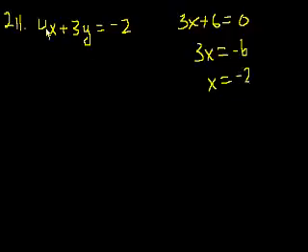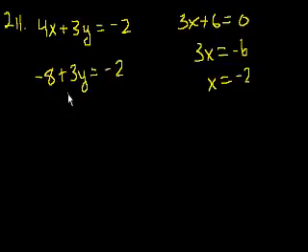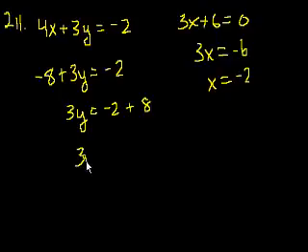Substitute back here. 4 times minus 2, minus 8, plus 3y is equal to minus 2. Add 8 to both sides. 3y is equal to minus 2 plus 8, or 3y is equal to 6. y is equal to 2. And so that is choice E.